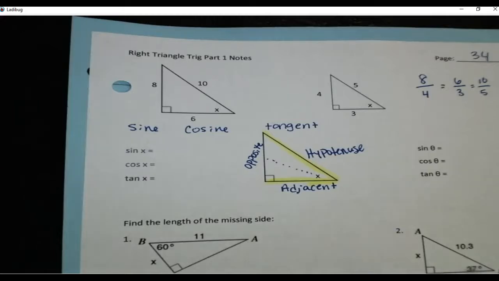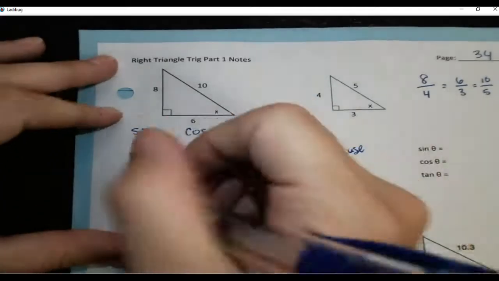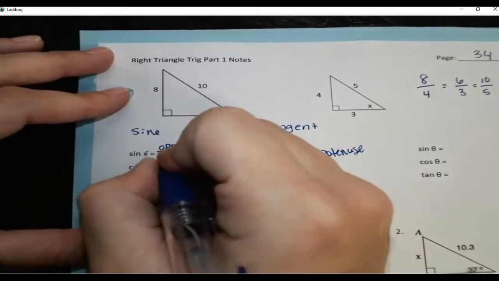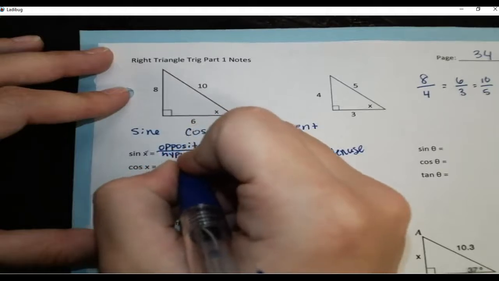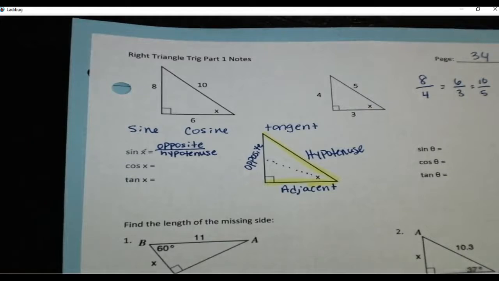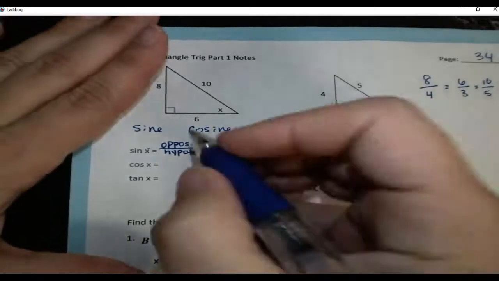Now, sine, cosine, and tangent are all based off of ratios. To find sine, the ratio is opposite over hypotenuse. That is always the ratio for sine. Cosine is always adjacent over hypotenuse.